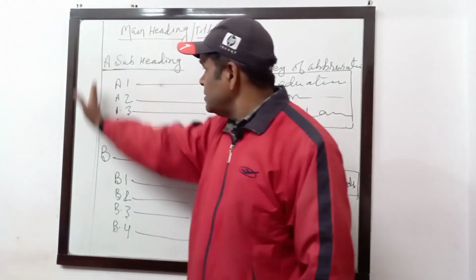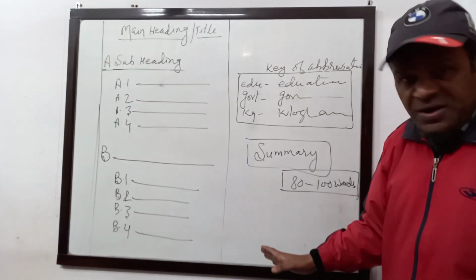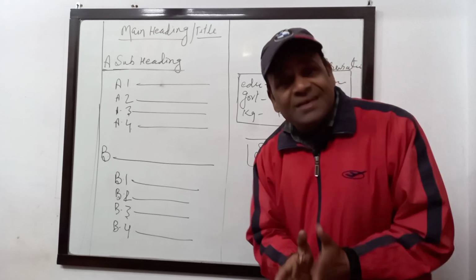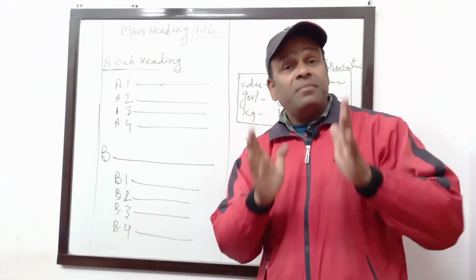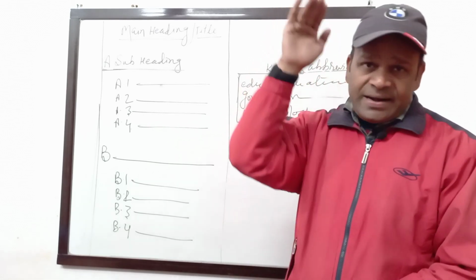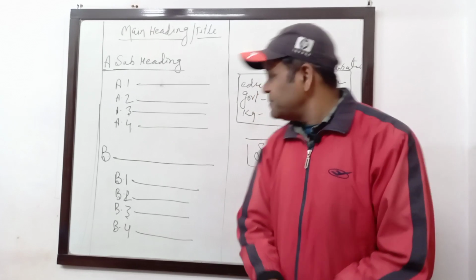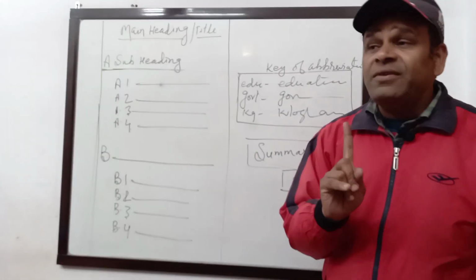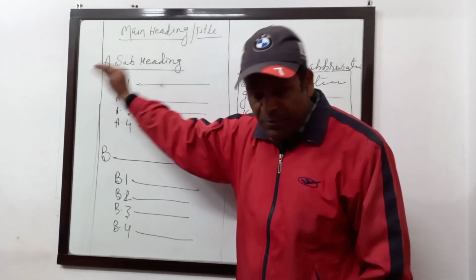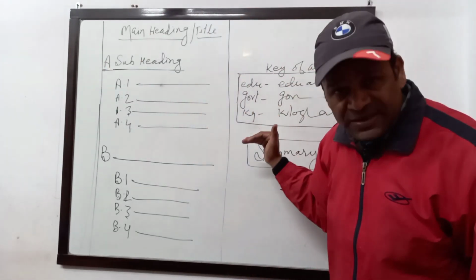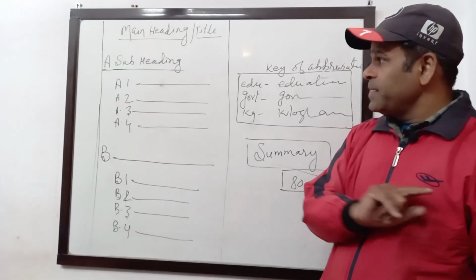Now come to the margin side, and whatever passage you are given, you can divide the passage into 4 or 5 sections, 4 or 5 parts. The entire passage can be divided into 4 or 5 parts, and each part will be given a name. What is the name that is given? That is A for first part, B for second part, C for third part, and D for fourth part.